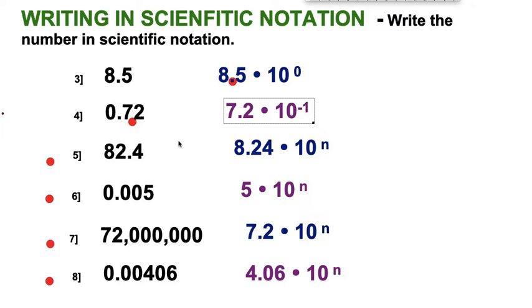Negative 1. By contrast here, I am going to move it this way. 8.24 times 10 to the first power. Now let's just stop for a minute and say, wait a minute, does this make sense? Sure, 8.2 or 82 is, well, 8.2 times 10. That makes sense.